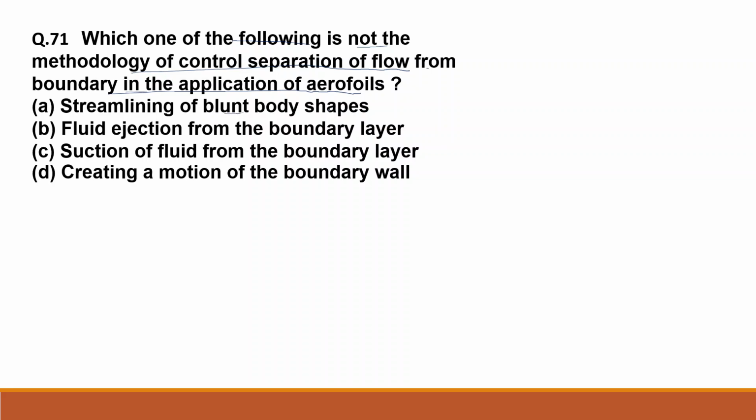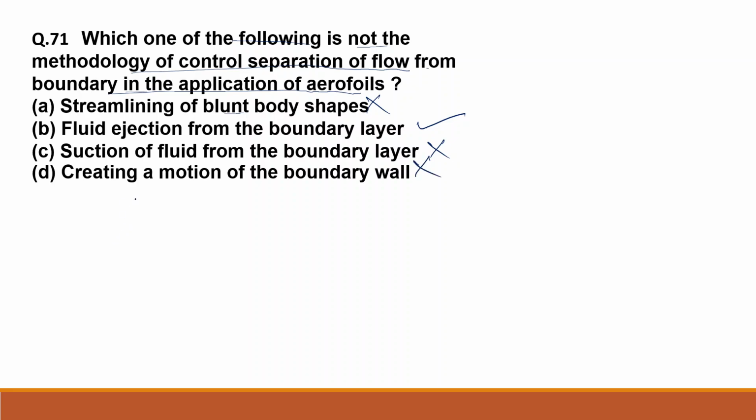Streamlining of a blunt body shapes, this is wrong. Fluid ejection from the boundary layer, this one is right. Suction of fluid from the boundary layer, this one also is. Creating a motion of the boundary layer, this one also.